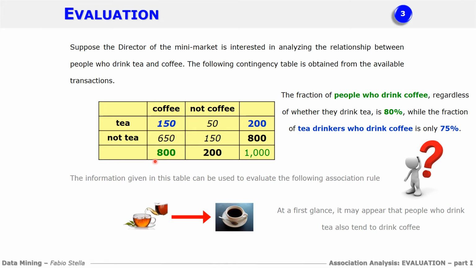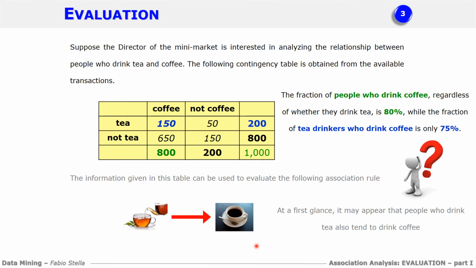Indeed, it is equal to the support count of the item coffee over the number of transactions of the transaction database, so 1000, and this is equal to 0.8, while the fraction of tea drinkers who drink coffee is only equal to 75%. Indeed, it is equal to 150 divided by 200.